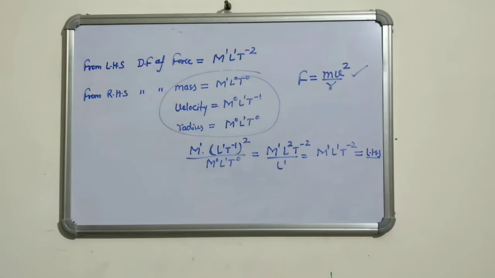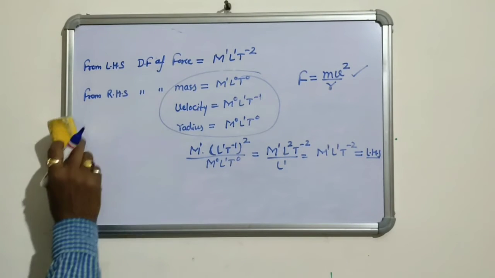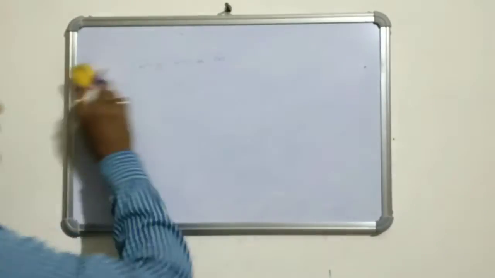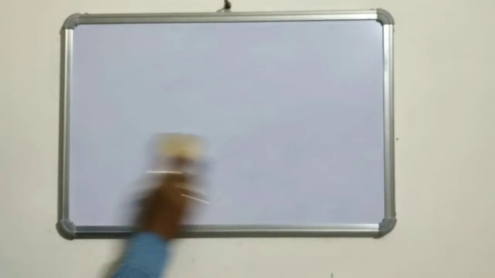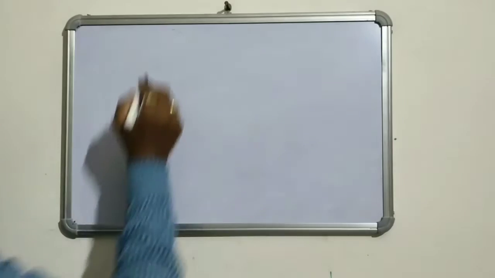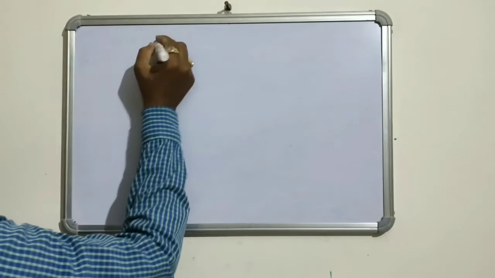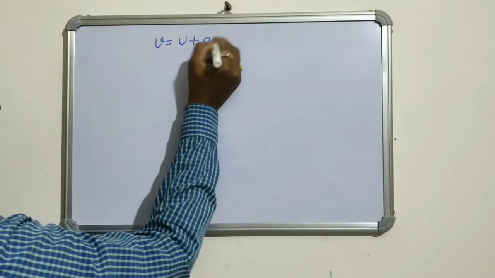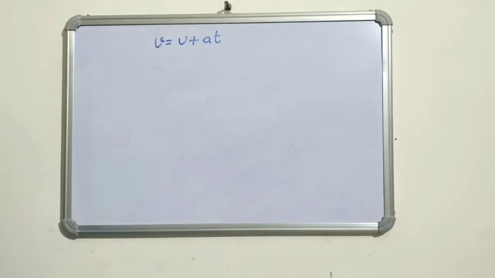Now another example. Suppose we have the equation V equals U plus AT. This is Newton's first equation of motion.